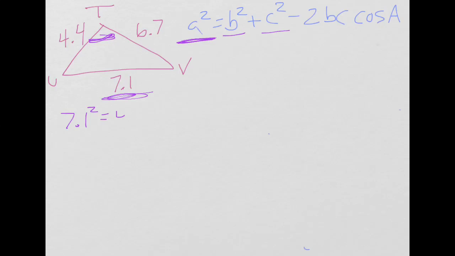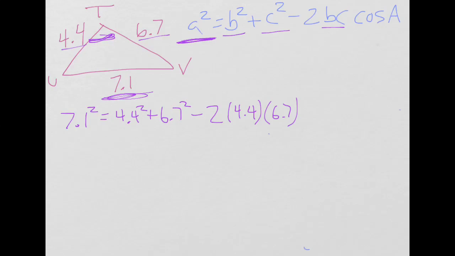So we're going to get 4.4 squared plus 6.7 squared minus 2 times, again, it's b and c, but don't get bogged down by that. I've said the word bogged a lot, but that's okay. Don't get bogged down by the b and the c. Again, just notice that they are the other two sides that are not across from the angle we are looking at. So we're going to get 4.4 and 6.7.